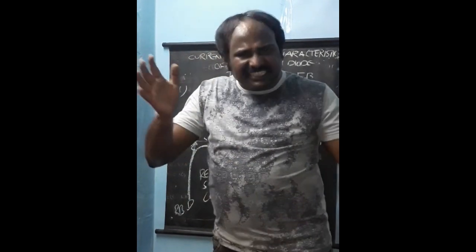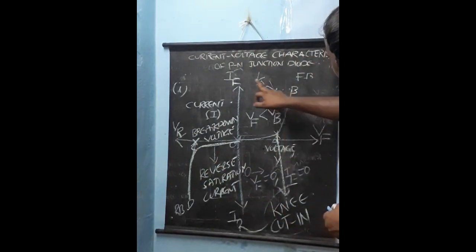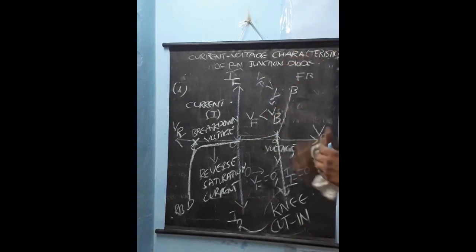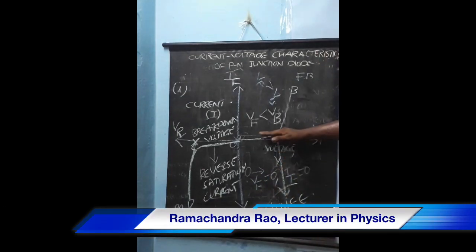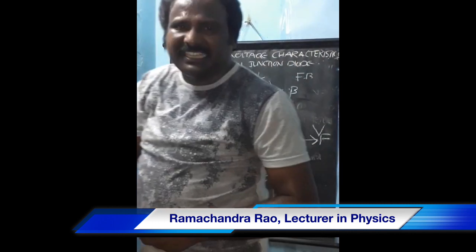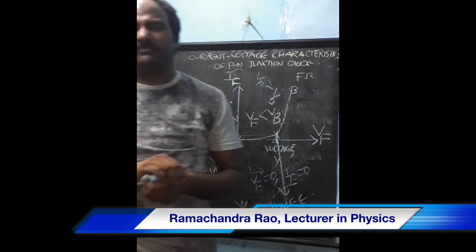So current is less. But from A to B, as forward voltage is greater than potential barrier, the current goes on increasing. Such voltage where current goes on increasing continuously is called knee voltage or cut-in voltage.